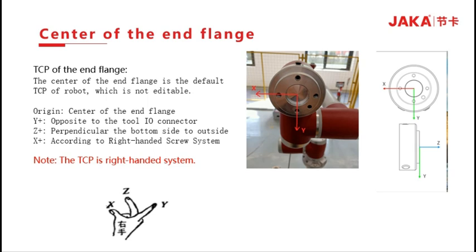The X positive direction of the flange is defined according to the right-handed screw system. Make the gesture as shown in the picture. Point your index finger to the Y positive direction and the middle finger to the Z positive direction. The X positive direction of the TCP will be where the thumb is pointed.